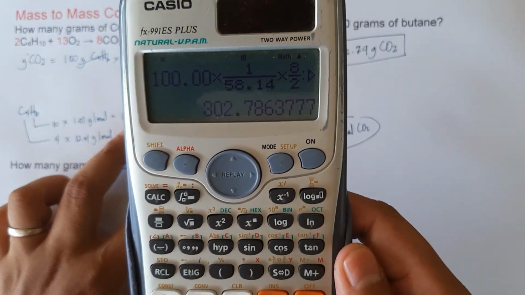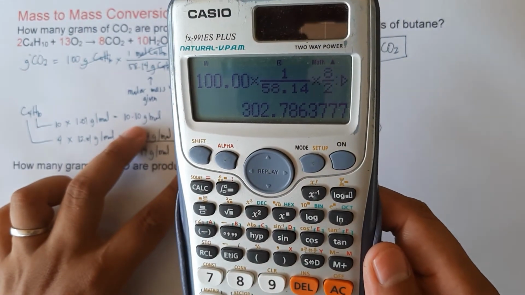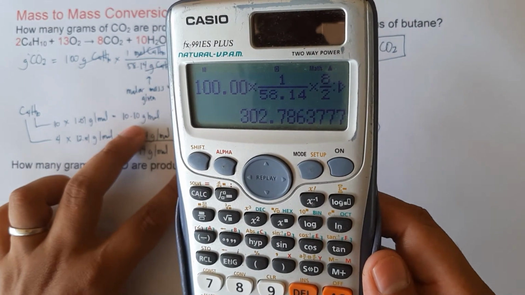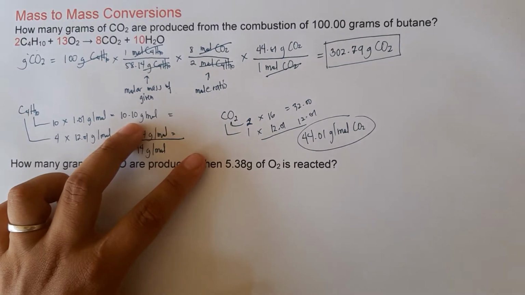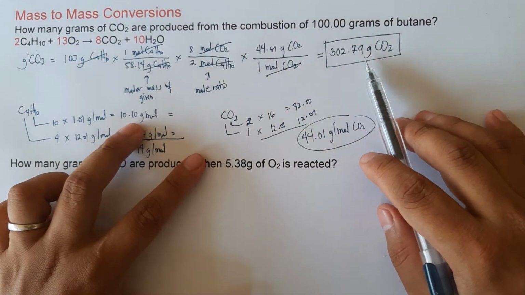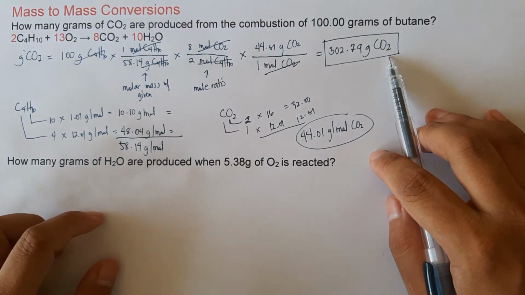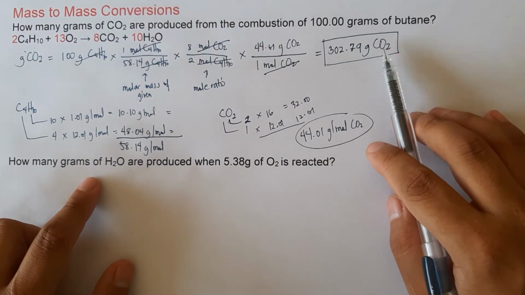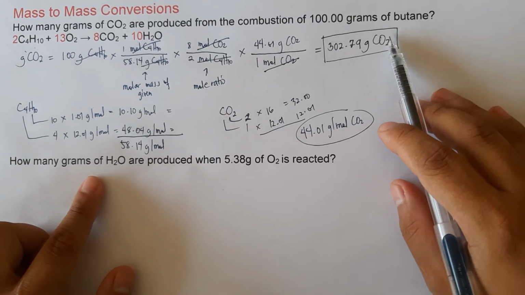I just reduced it into 2 decimal places. I rounded it off into 2 decimal places. So that is our answer. 302.79 grams of carbon dioxide. So that is our first problem. Again, this is a mass to mass conversion.